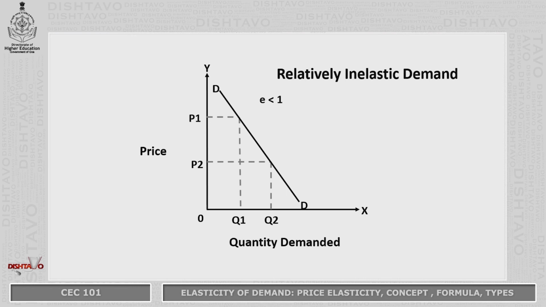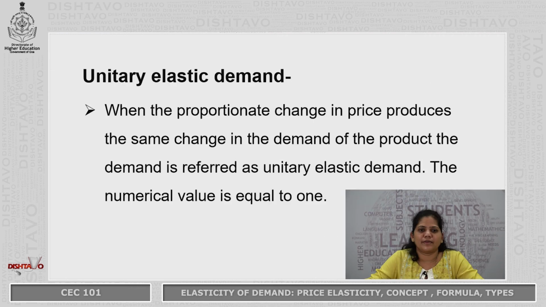Whether the price of necessities increases or decreases, people still prefer to purchase those commodities. So the change in price does not lead to a big change in quantity demanded.